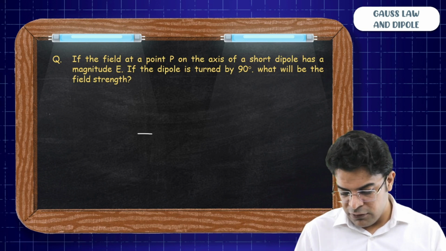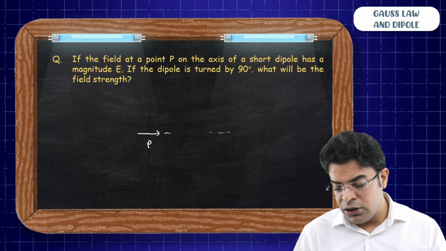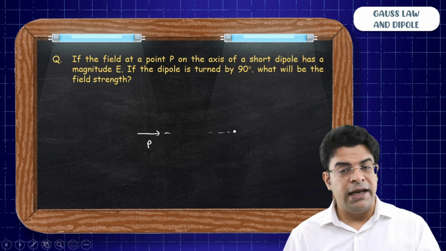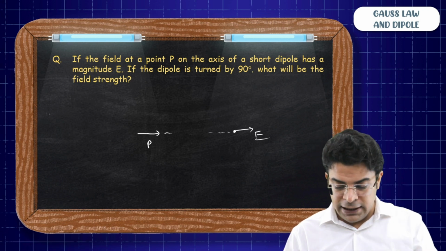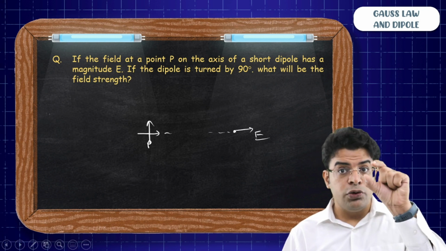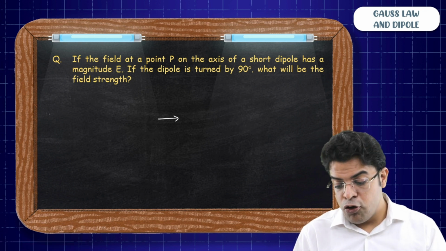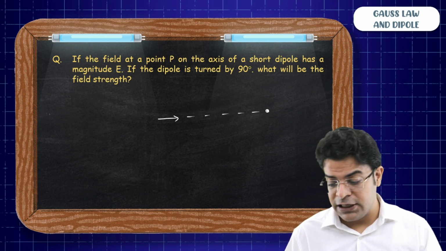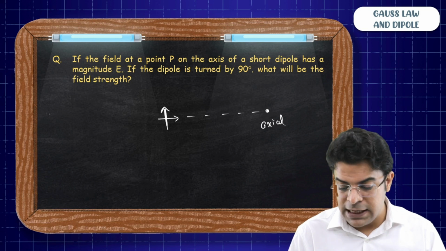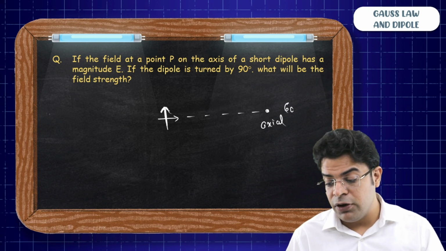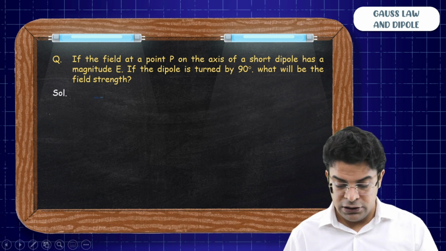So if you have a dipole of dipole moment P here, and at a point on its axis the electric field strength is E, and you turn the dipole by 90 degrees, this is the new orientation. This same point, which was an axial point for the original dipole, will be an equatorial point for the new dipole, right? So think of the before and after condition.